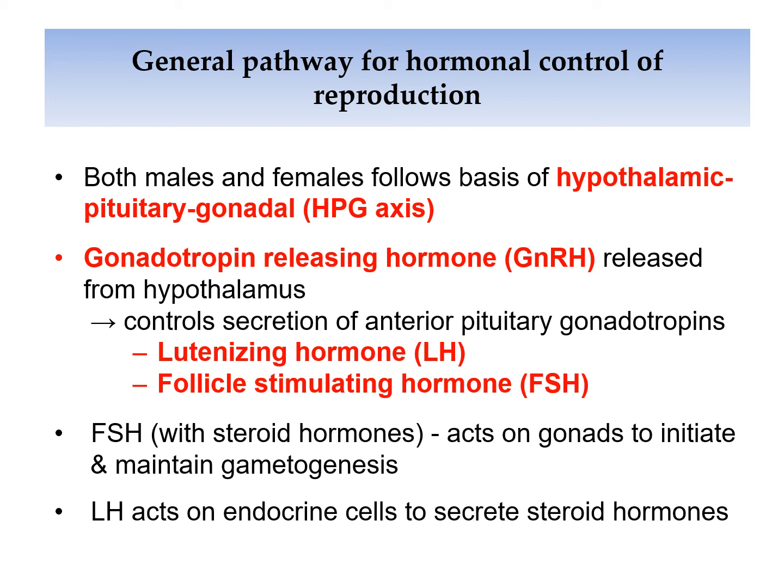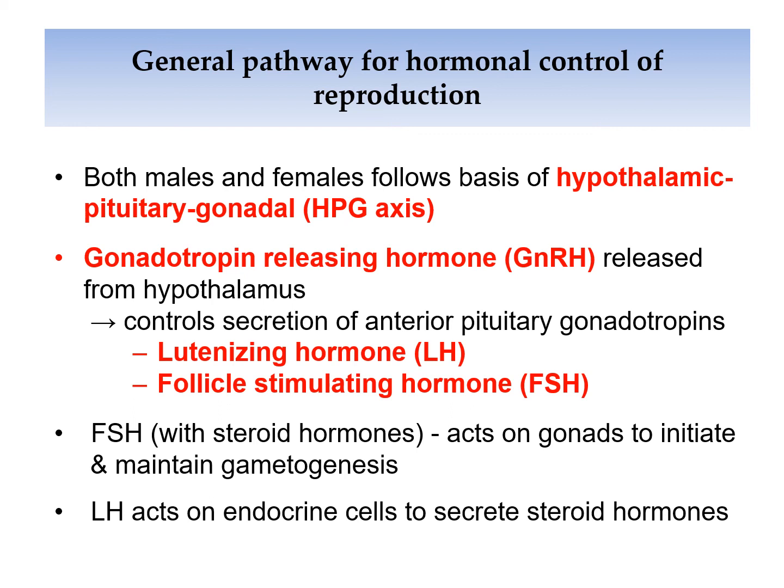So for example, what is the hormone that is released by the hypothalamus? They are the gonadotropin releasing hormones, because tropin means growth. So the growth of the gonads, gonadotropin releasing hormones, are released by the hypothalamus.